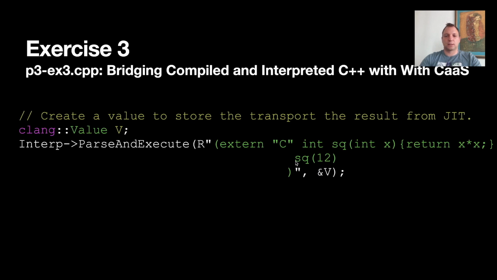The second statement is a top-level statement declaration, which here doesn't have a semicolon, which hints that we need to get this result out in the value. Then we pass the value itself to the interface.